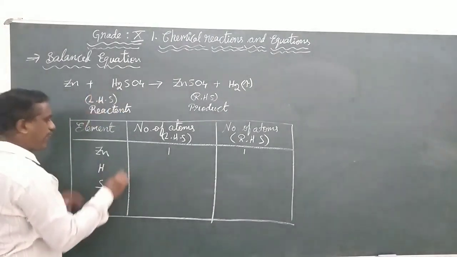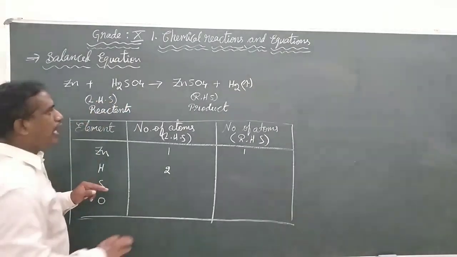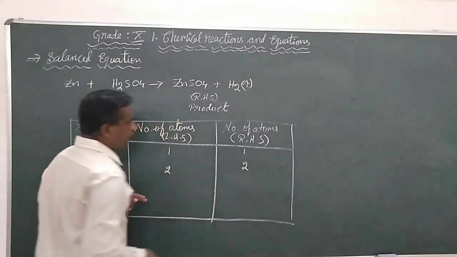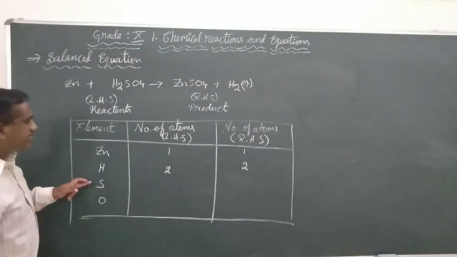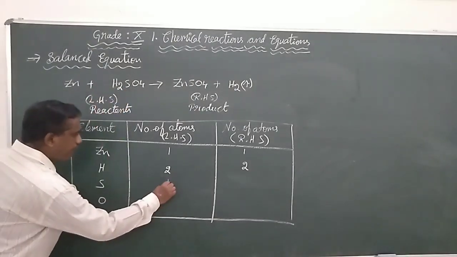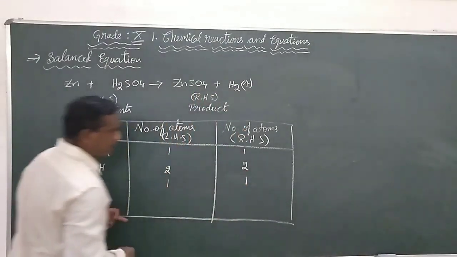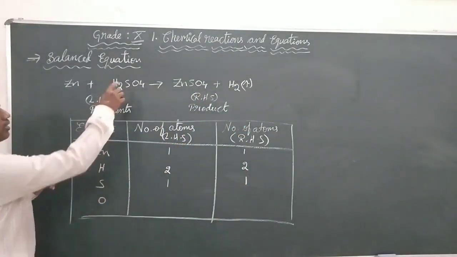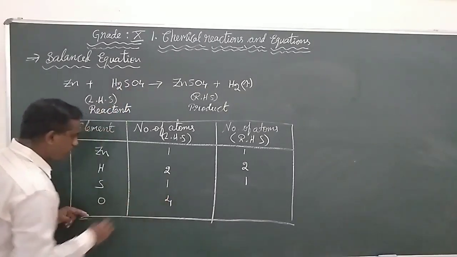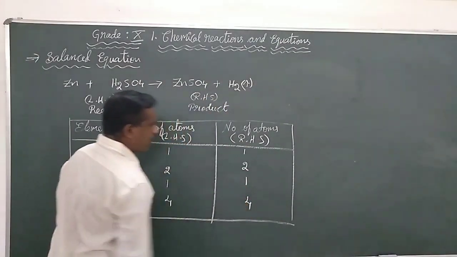On the LHS there are two hydrogens, and on the RHS also two. For sulfur, there is only one on the LHS and only one on the RHS. For oxygen, there are 4 on the LHS, and on the RHS also 4.